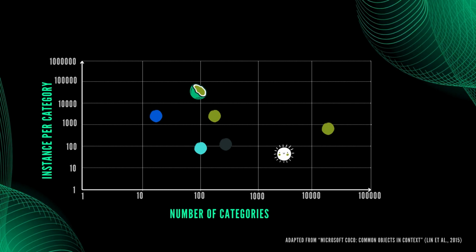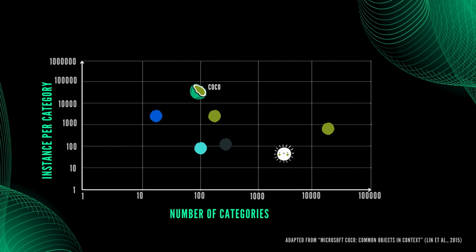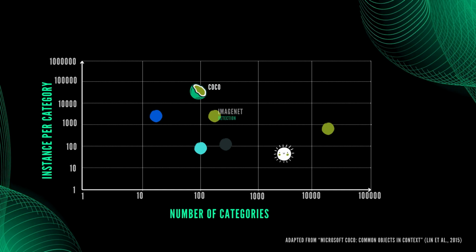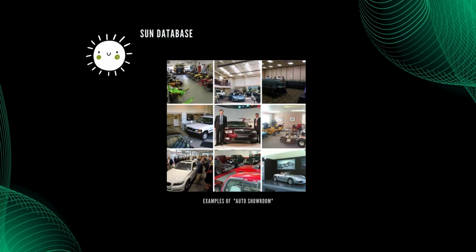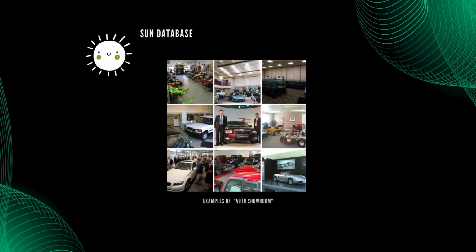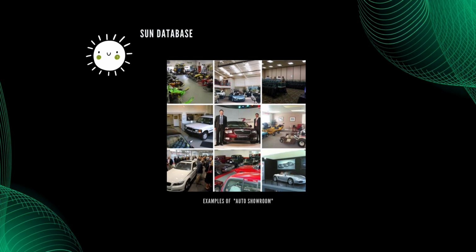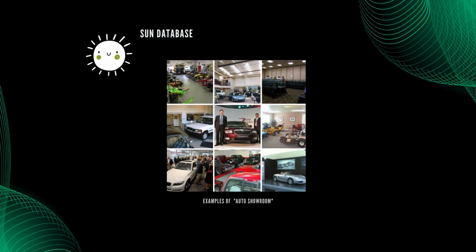This figure shows that COCO presented fewer categories than ImageNet, Caltech 256, and SUN. Still, it had more instances per category than all of them. Nevertheless, the SUN database displays more contextual information because its target is to categorize the same types and identify the objects found within.